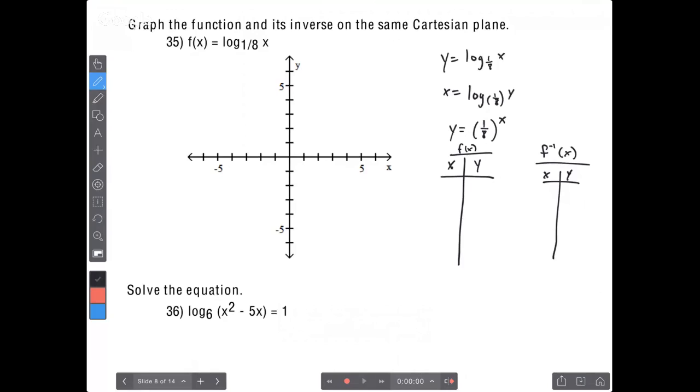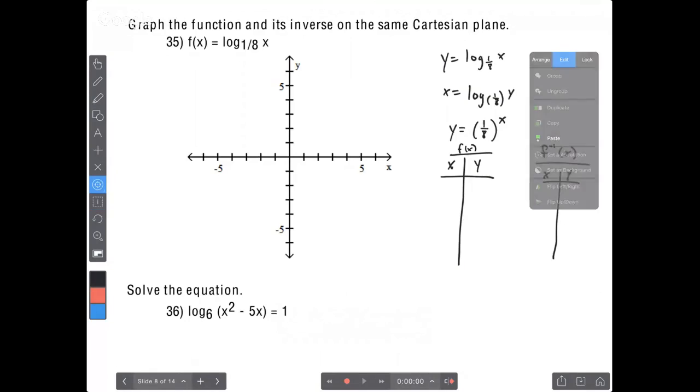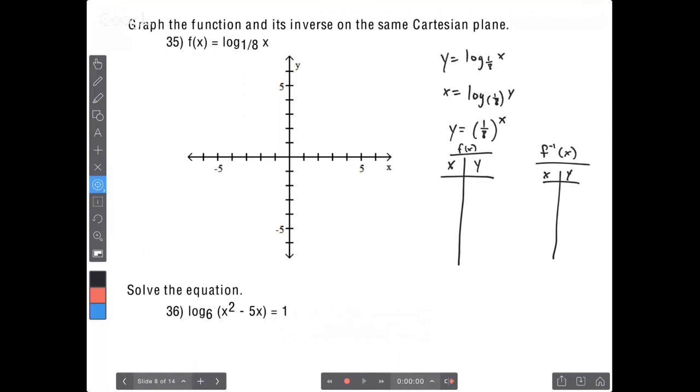So, those of you who did not get to watch me do this, I said if this is f of x equals log base 1/8 of x, we're supposed to find the function and its inverse. So to get the inverse, I said, all right, what we've got is y equals log base 1/8 of x. To find the inverse, I take the x and the y and I switch them.